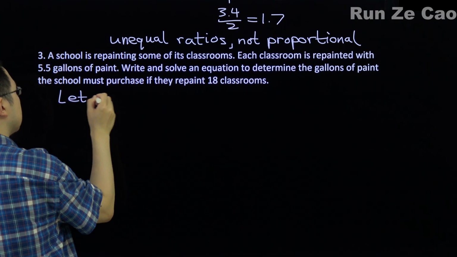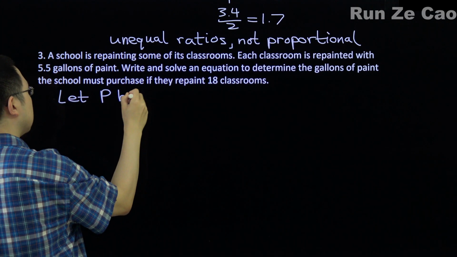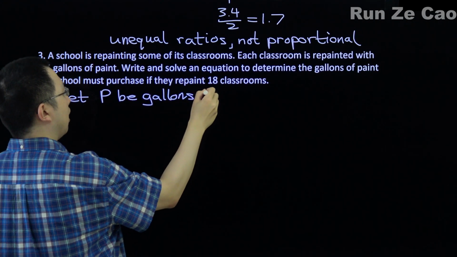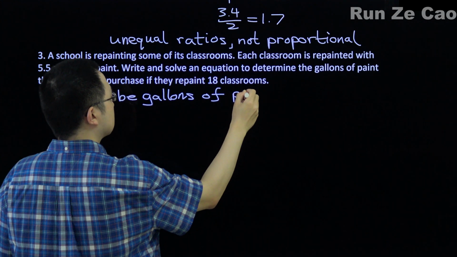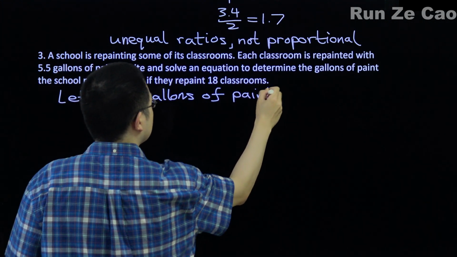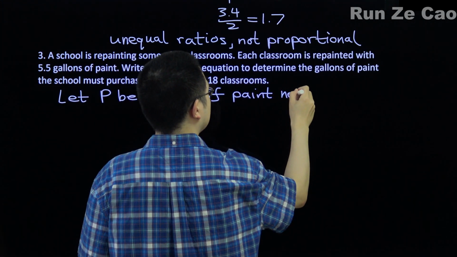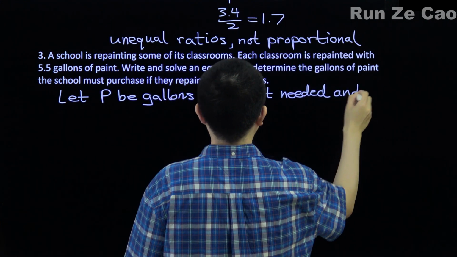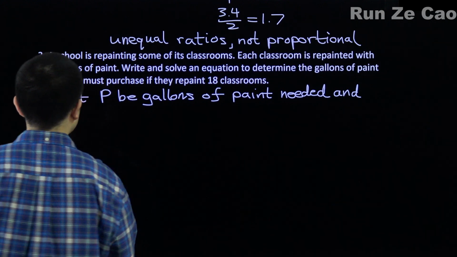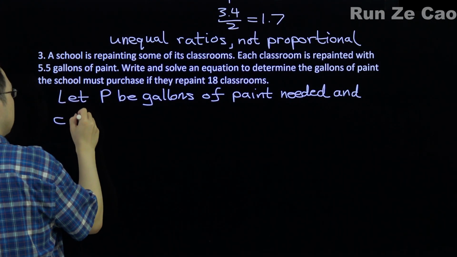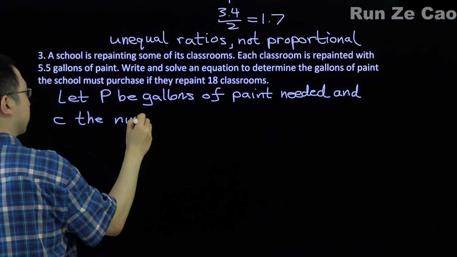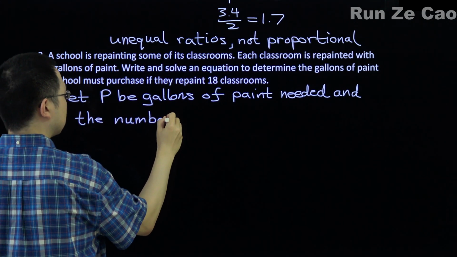Let P be gallons of paint needed, and C the number of classrooms to repaint.